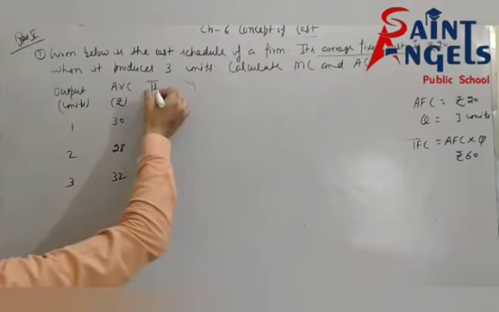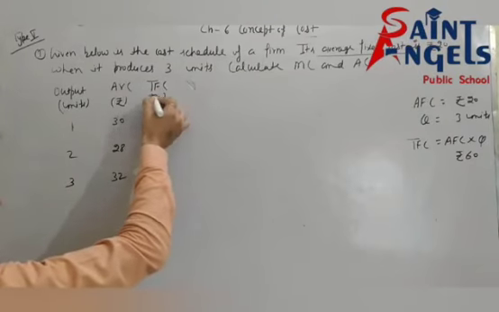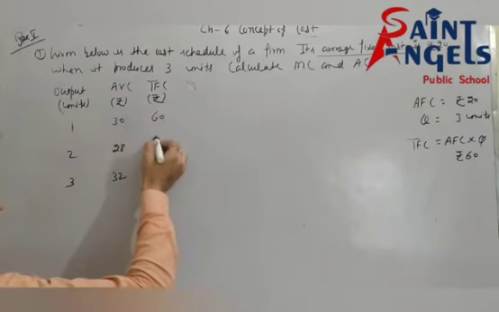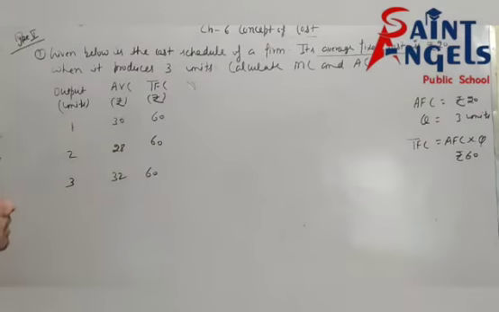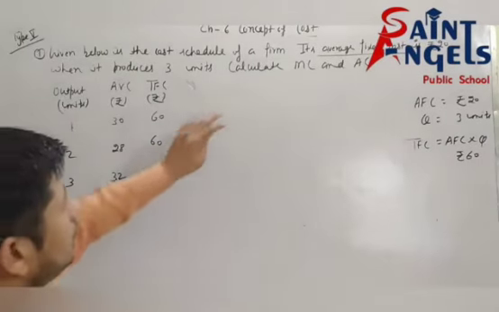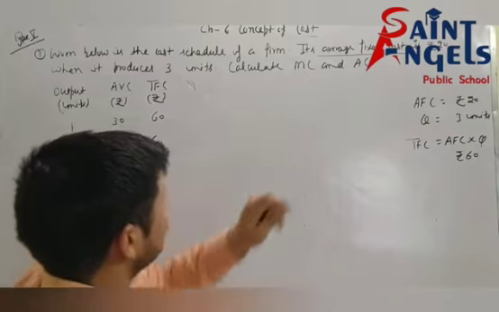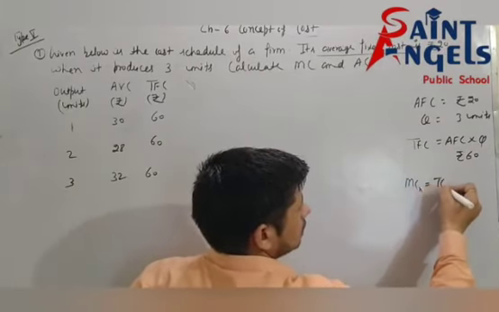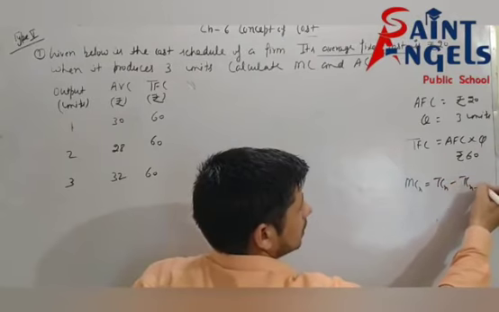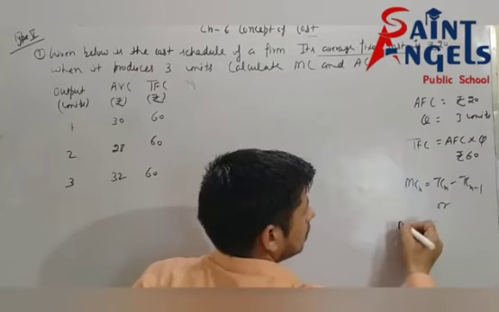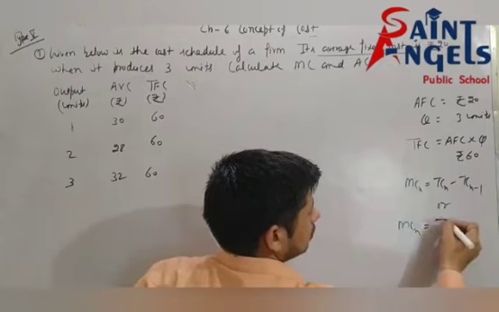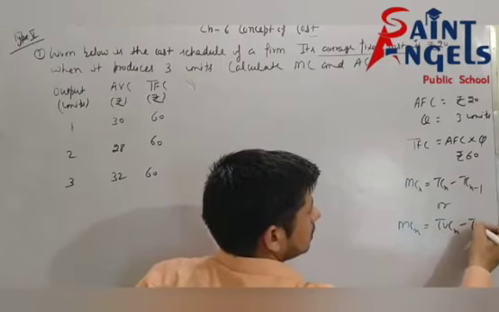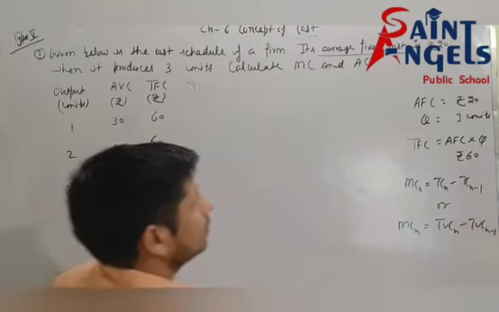Now TFC means 60, 60, 60. Now see, calculate MC. What is the formula of MC? MCn is equal to TCn minus TCn minus 1, or MCn is equal to TVCn minus TVCn minus 1.